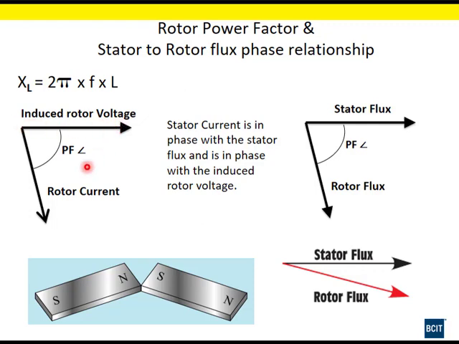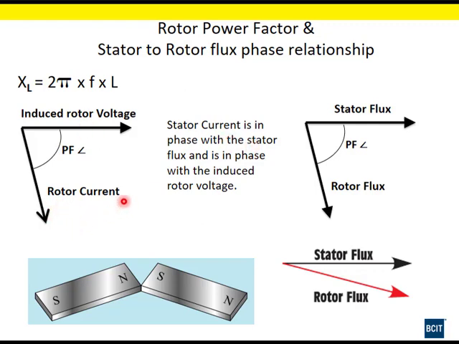How that connects with the stator to rotor flux phase relationship is when we look at our induced rotor voltage and our power factor angle, how it's leading our rotor current. Our rotor current is lagging our induced voltage. This induced rotor voltage is in phase with the magnetic field that's inducing it, which is the stator flux. Our power factor angle tells us how far out of phase our rotor current is to our induced rotor voltage.